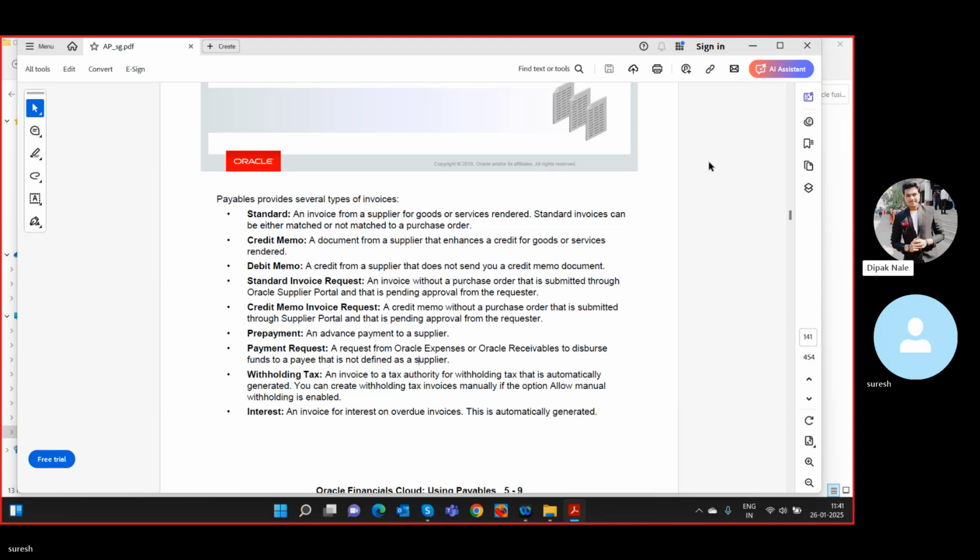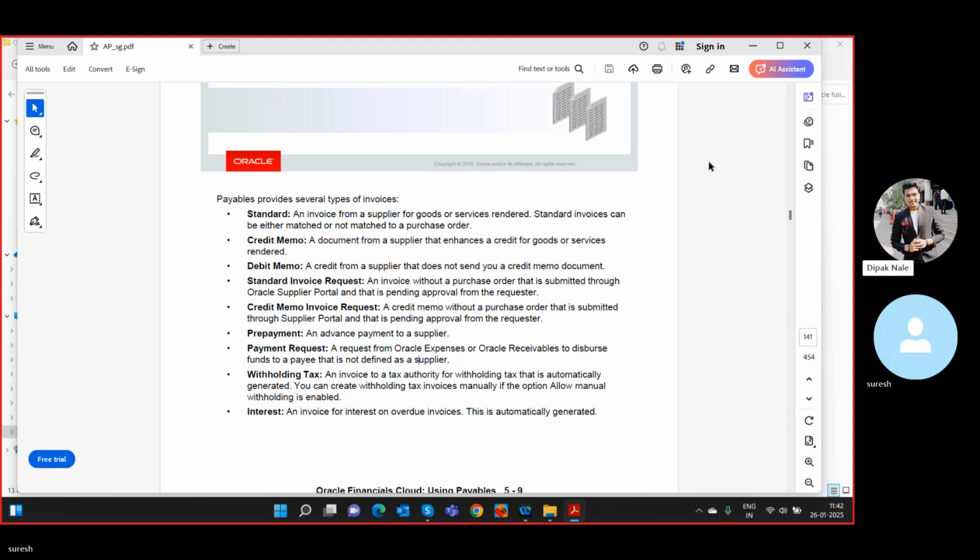Standard invoice request, an invoice without a purchase order that is submitted through Oracle supplier portal and that is pending approval from the requester. Credit memo invoice request, a credit memo without a purchase order that is submitted through supplier portal and that is pending approval from the requester. Prepayment, an advance payment to a supplier.